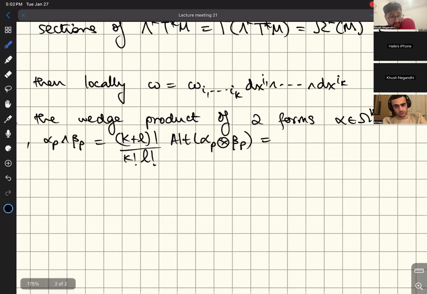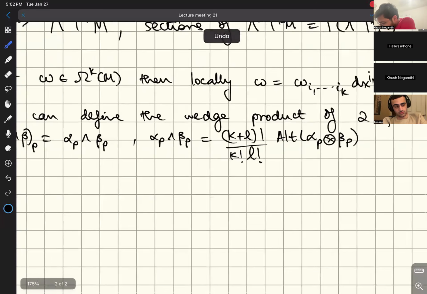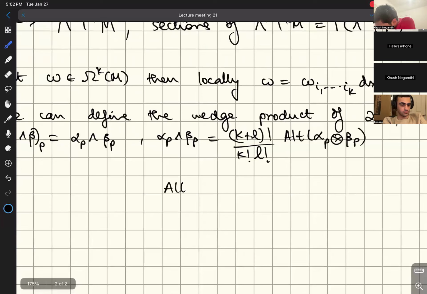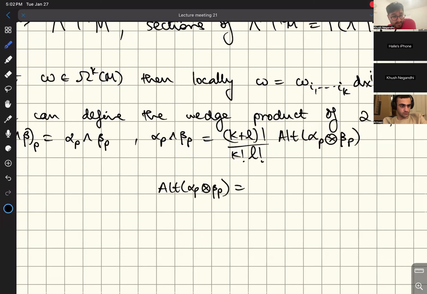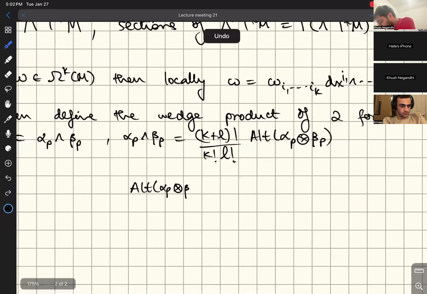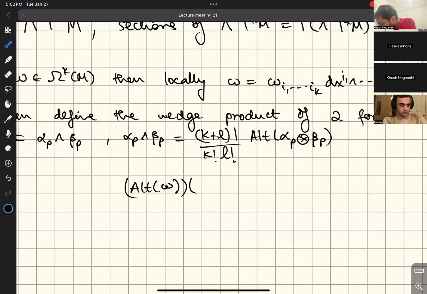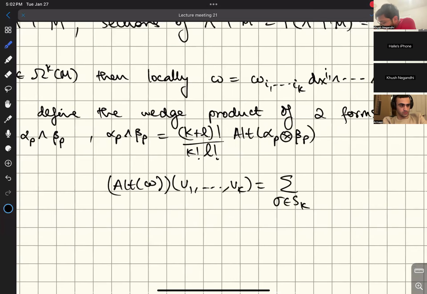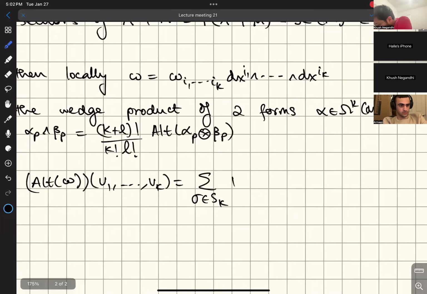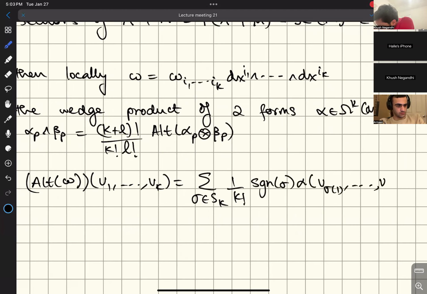And the alternator is defined as the map that acts on k things and gives you the sum over sigma in the symmetric group of 1 over k factorial times the sign of sigma, and then you evaluate this.